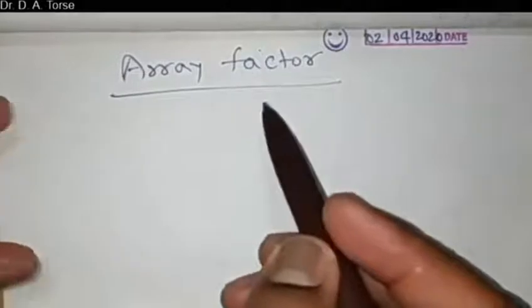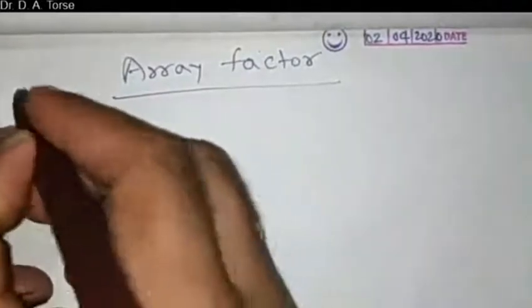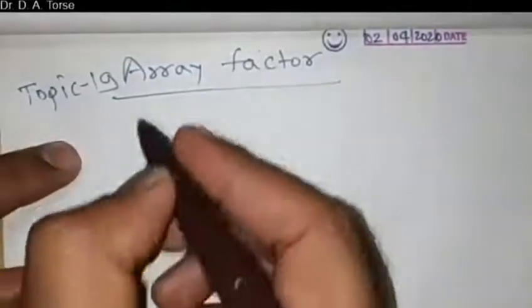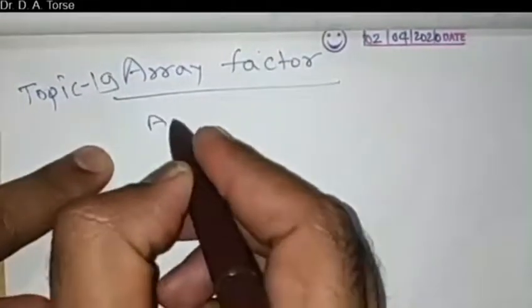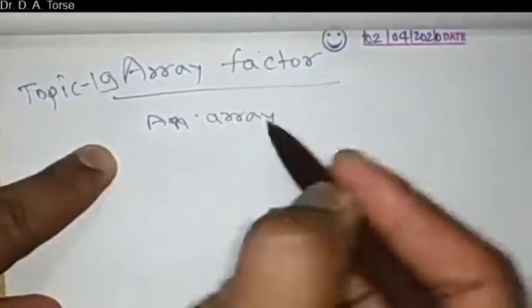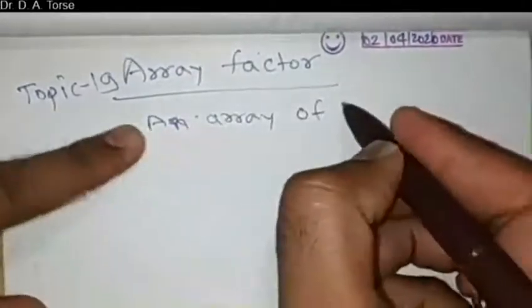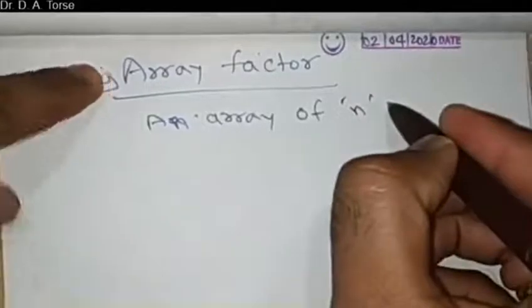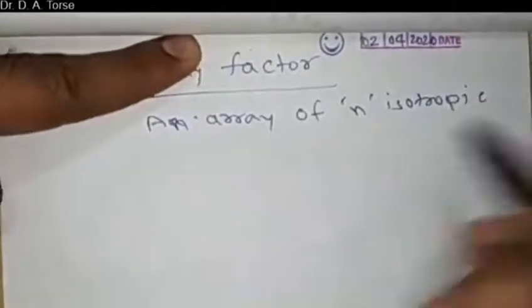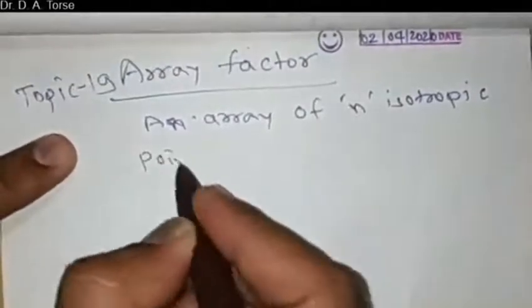Now in this topic, topic number 19, we are going to consider an array of n number of isotropic point sources.